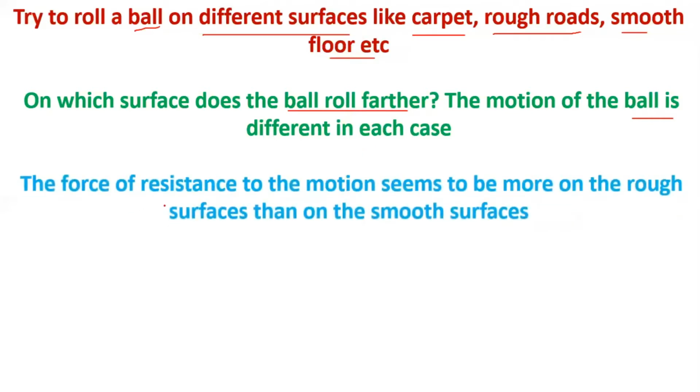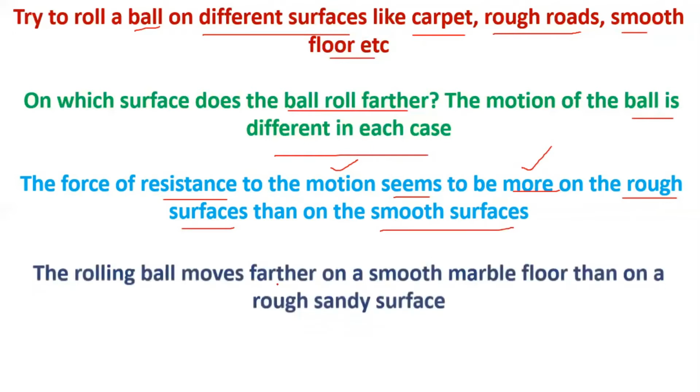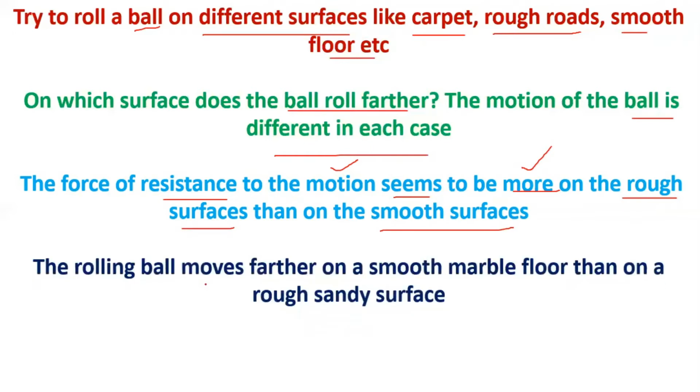The force of resistance to the motion seems to be more on rough surfaces than on smooth surfaces. The rolling ball moves farther on a smooth marble floor than on a rough sandy surface.